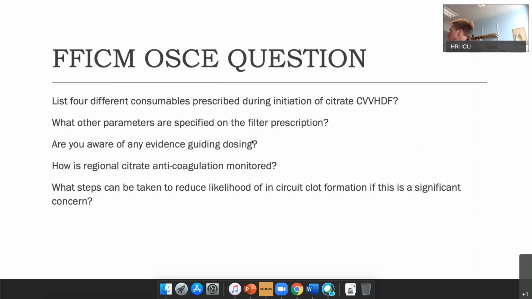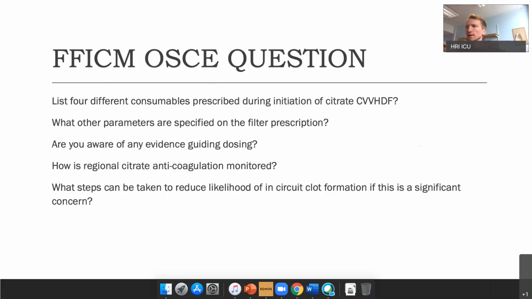So this tends to be more prescribed drugs. Any others? There's a few more things. So the ones they wanted are calcium citrate, dialysate, and priming fluid. I couldn't think of priming fluid, the one that I didn't get, but yeah.